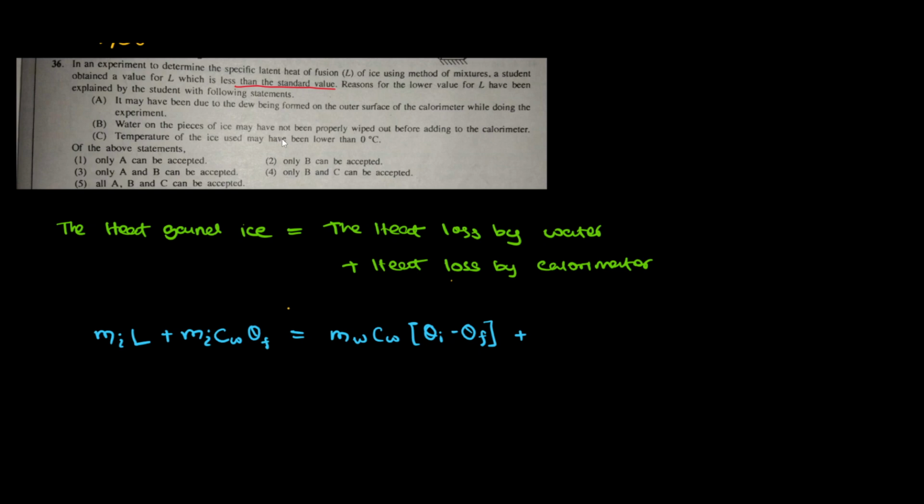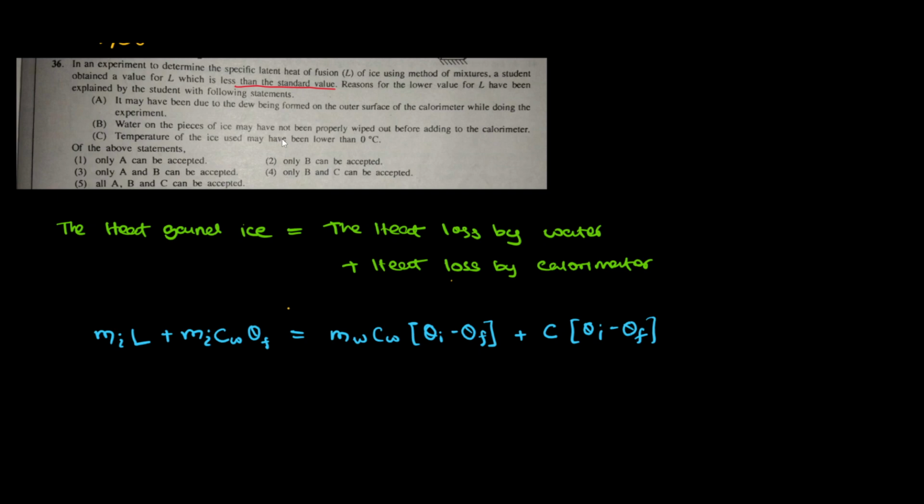That is the heat lost by water, plus next we have heat lost by calorimeter. Let's say the heat capacity of the calorimeter is given as C. So C into change in temperature, theta initial minus theta final.